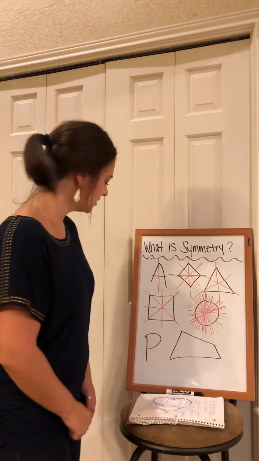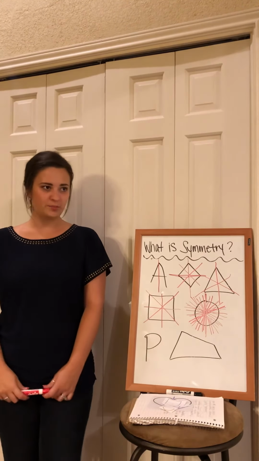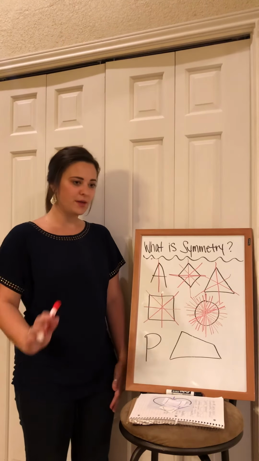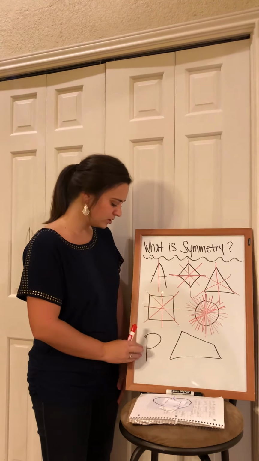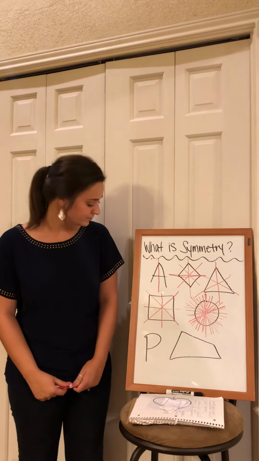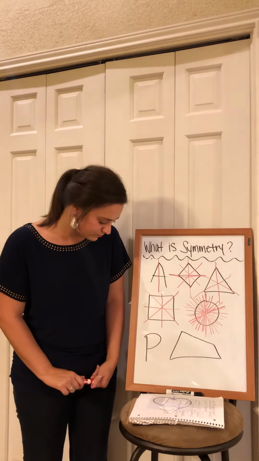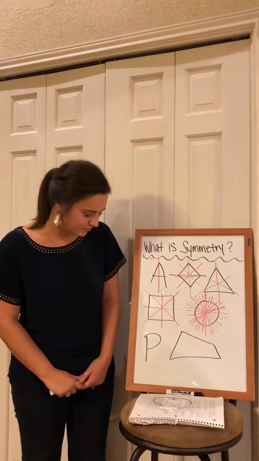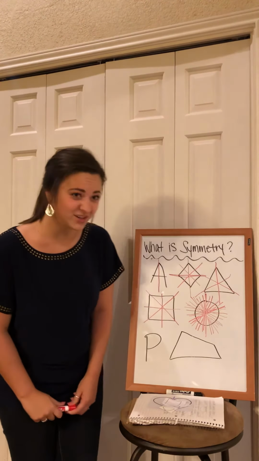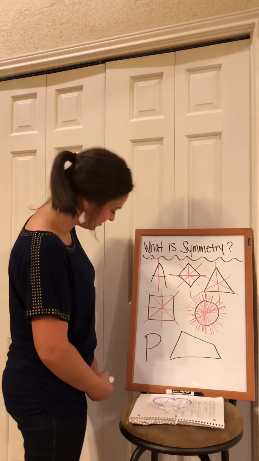You guys are awesome. What about this P? Let's move on to the P. Where can I place a line of symmetry and make two mirror images? I know it's tough, right? You don't think there are any? I think you're definitely correct.